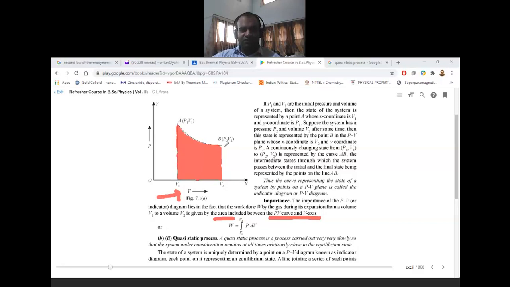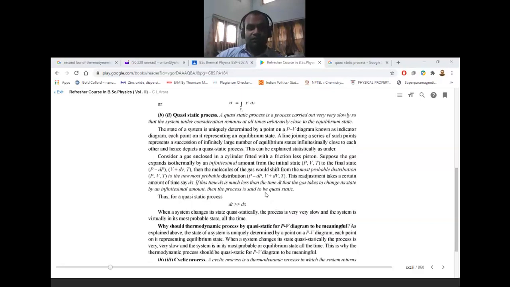Initially pressure was P1, but with the increase in volume, pressure decreases to P2. The area enclosed between the volume axis and this PV curve is the work done during the process. When we learned about isothermal and adiabatic expansion, we also learned that this area gives the value of the work done. I hope you will never forget this.